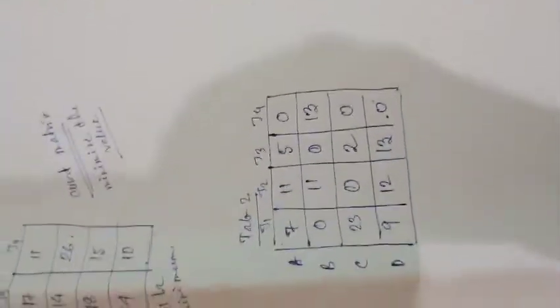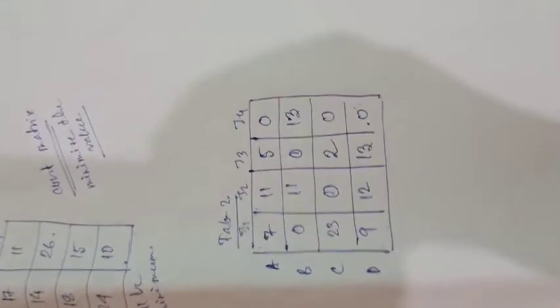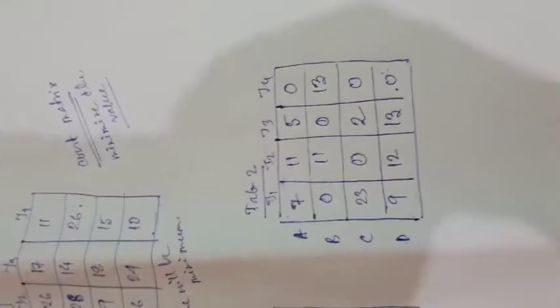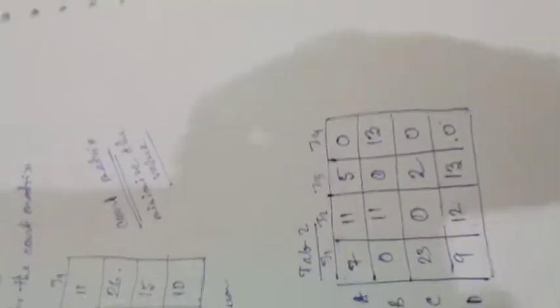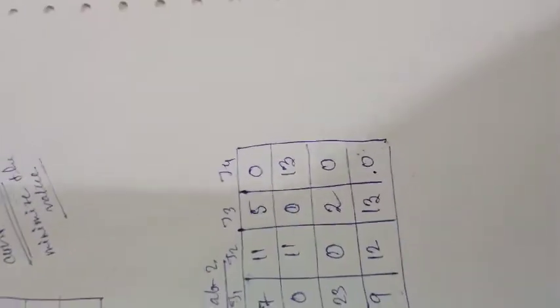So now the question is, how can we assign the people? For assigning the people, we will cover all these zeros by the minimum number of lines.